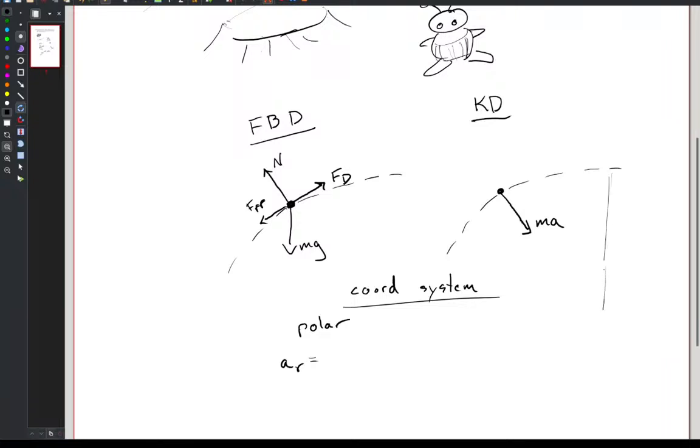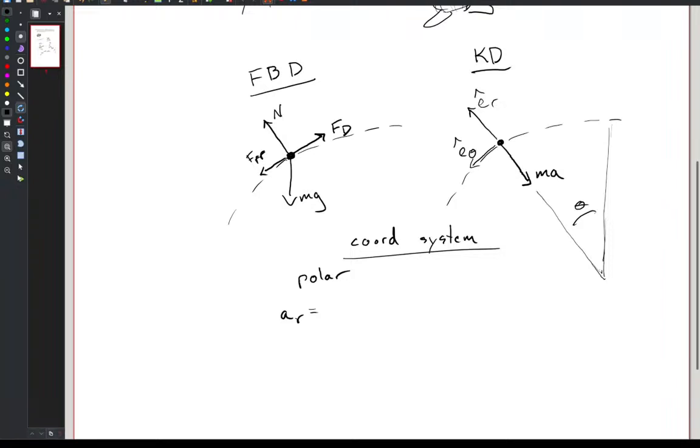In our polar coordinate system, we would have a radial and a transverse direction. If this is theta, e_theta is describing increasing angle, e_r is saying you're leaving the center of the hill, and when r is 0, you're at the center of the hill. Maybe at the alien's home, he dug a little hole down to the center and put a little marker to say r equals 0.